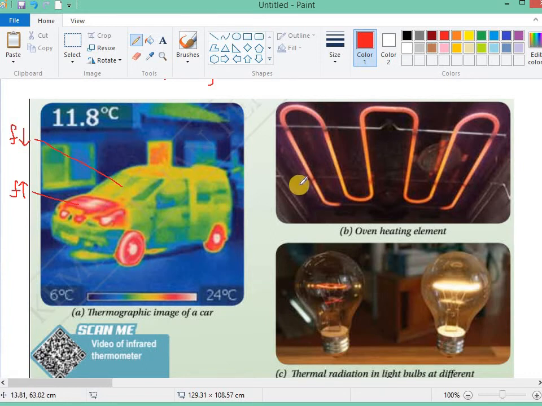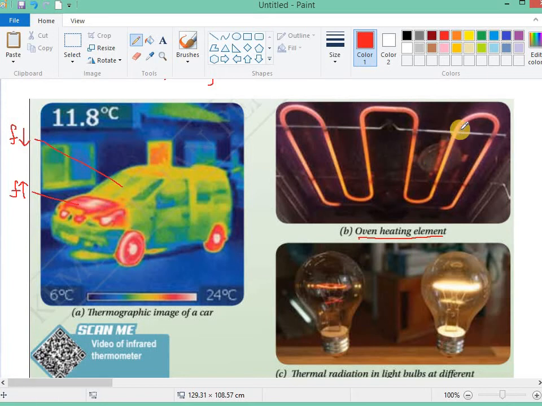Now we look at another example. This one, the oven heating element. It's so hot that the metal glows red in color.